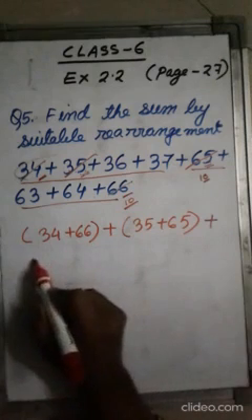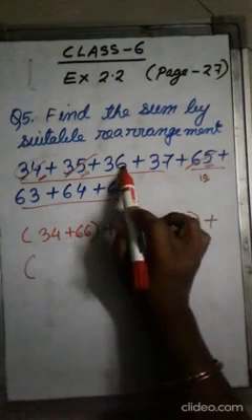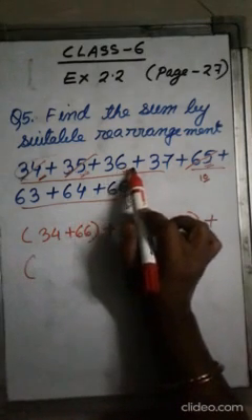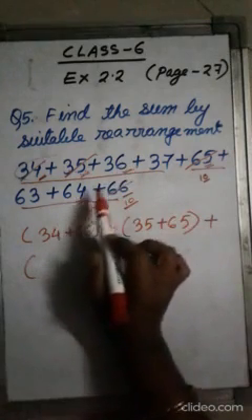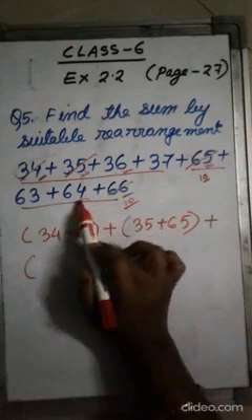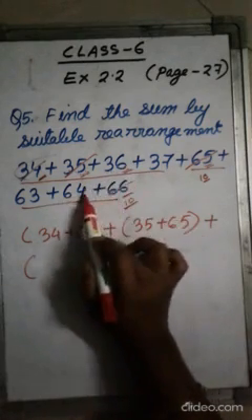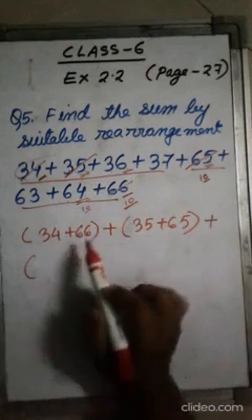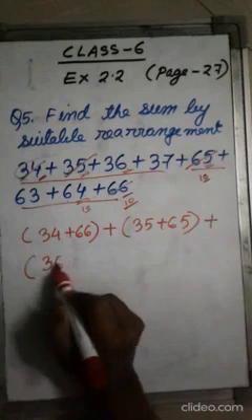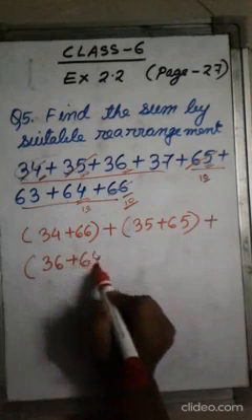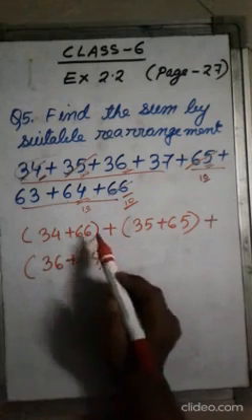Then next, 6 from this group and 4, 36 and 64. 6 and 4 will make again 10. 36 plus 64 is another group.